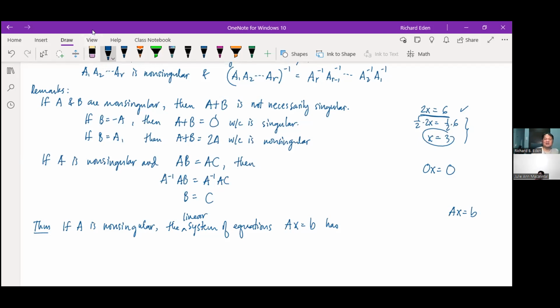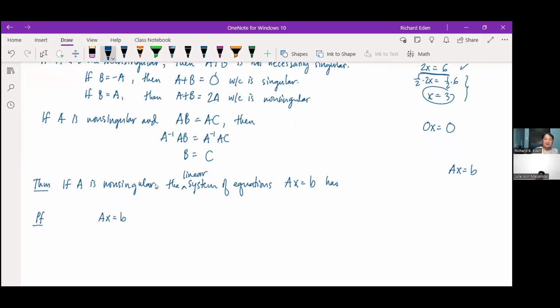But let's start with Ax equals b. Because A is non-singular, there is an inverse. A inverse exists. What would happen to the left side if we pre-multiply by A inverse?